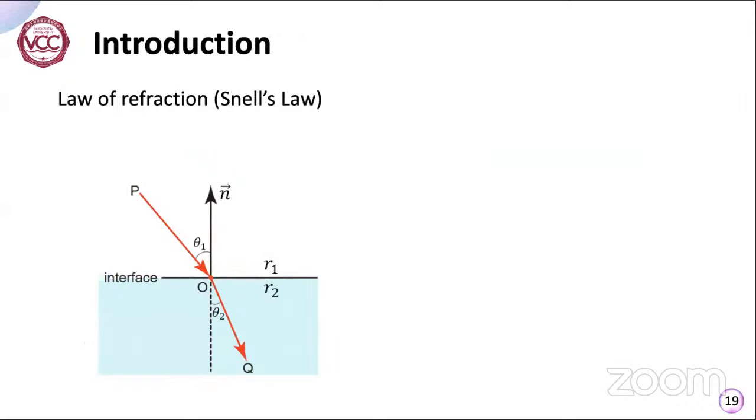So let me start with some simple physics related to transparent objects first. When a ray travels from a medium with refractive index R1 into one with a refractive index R2, part of the light is transmitted, and it bends. So Snell's law tells us this equation.